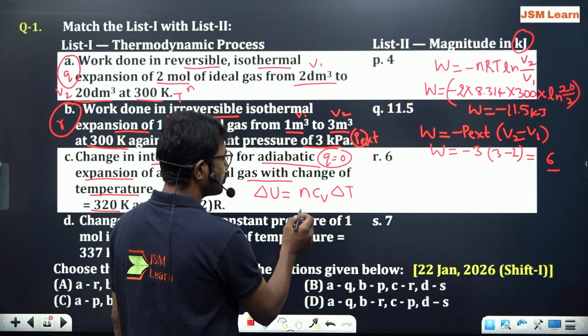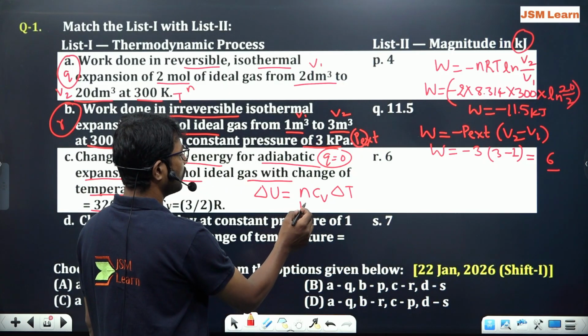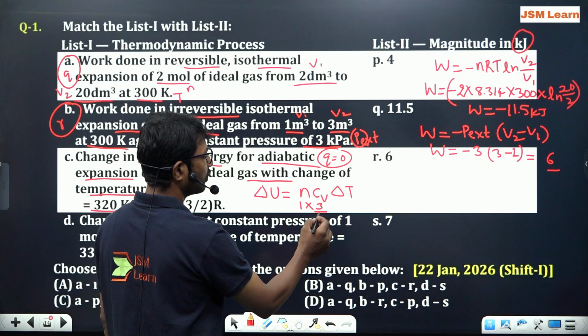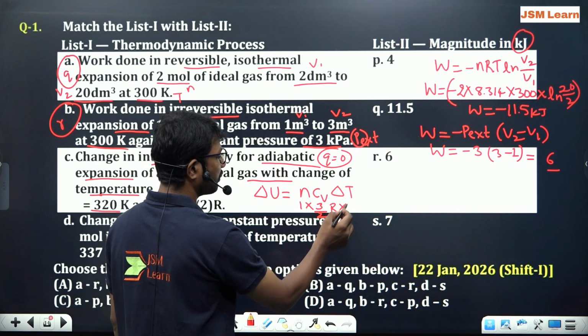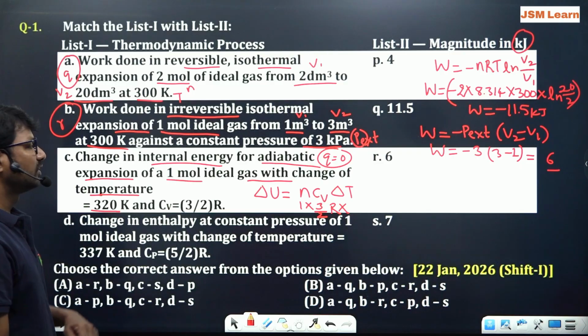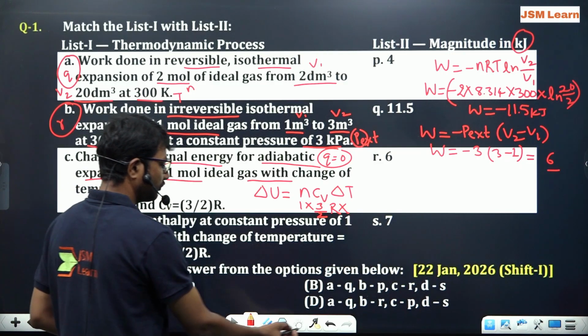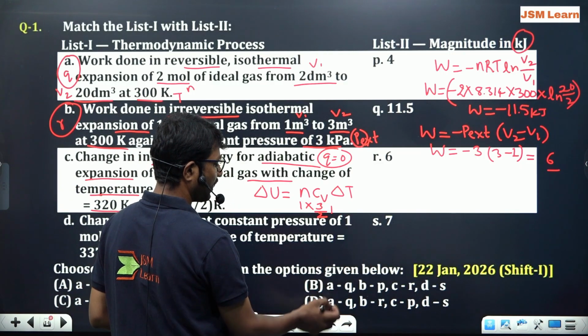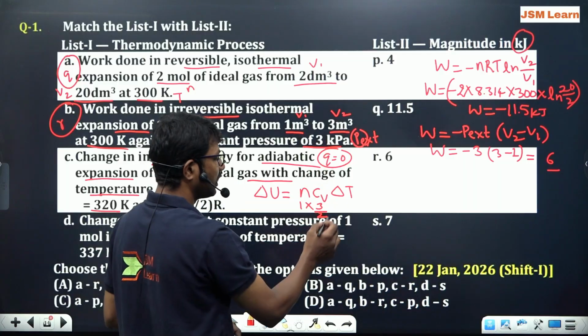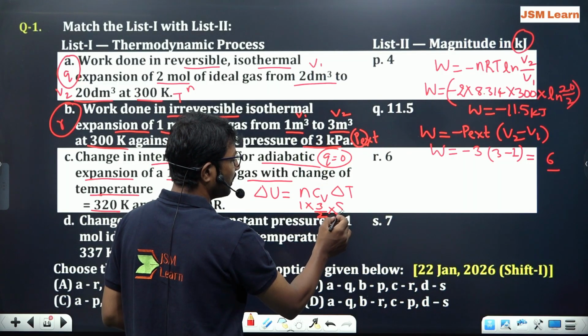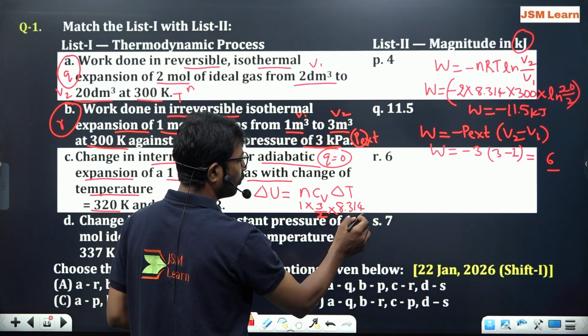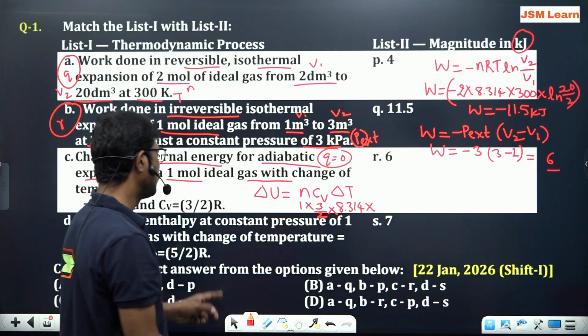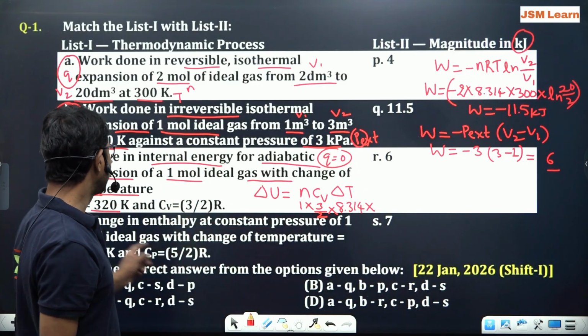So on substitution we will get n value 1, 3 by 2 R multiplied by delta T, which is 320. Here I am substituting the value of R as 8.314, as all the expressions are given in kilojoules.